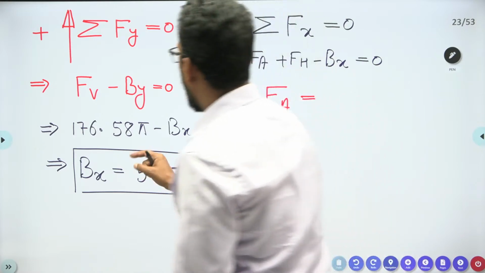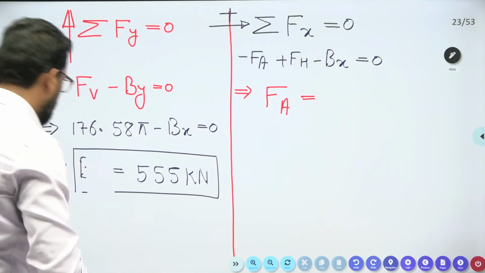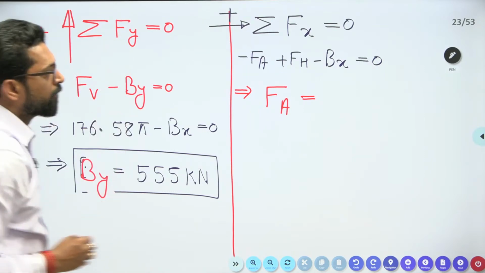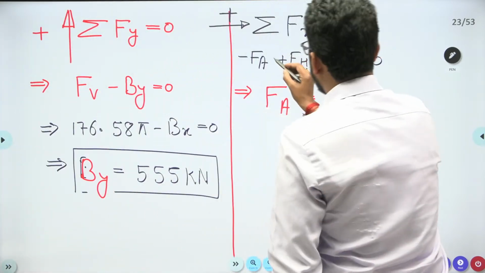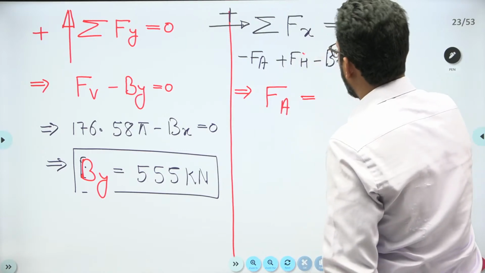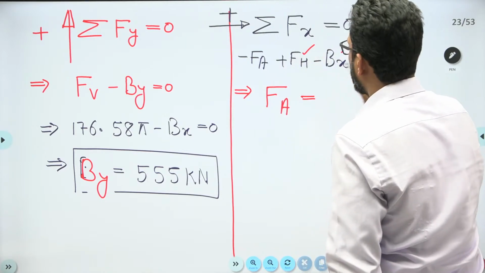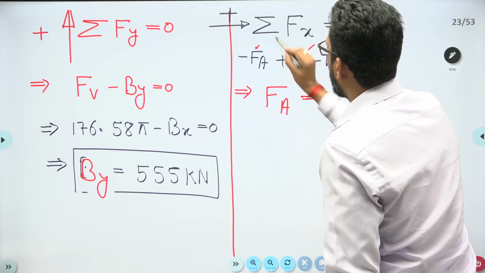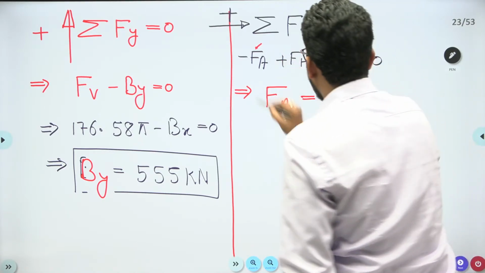This is your By, not Bx. This is your By, y direction. In this question you have only FH. You don't have FA, you don't have Bx, so you cannot find this one.